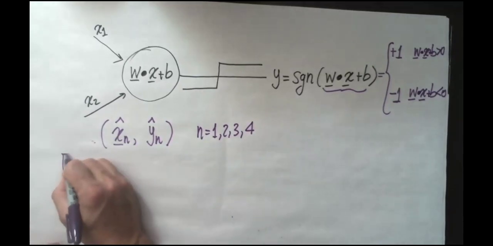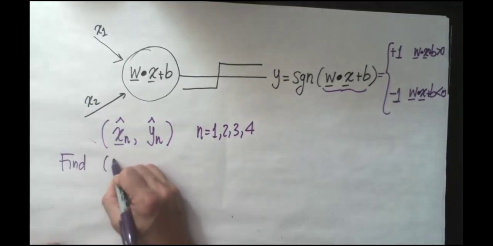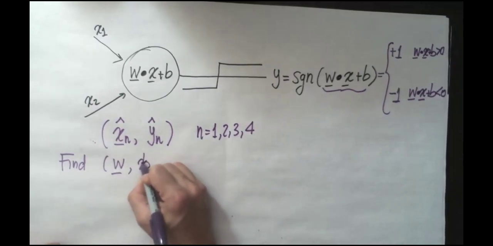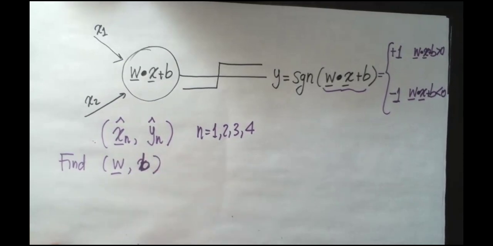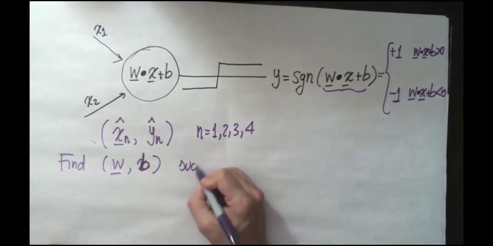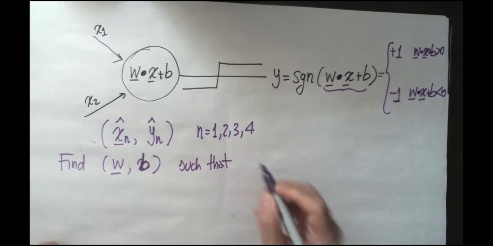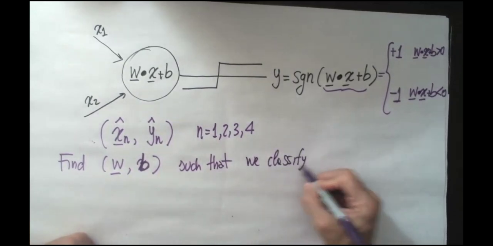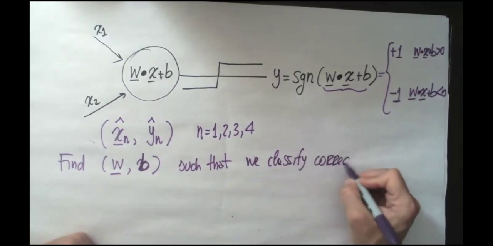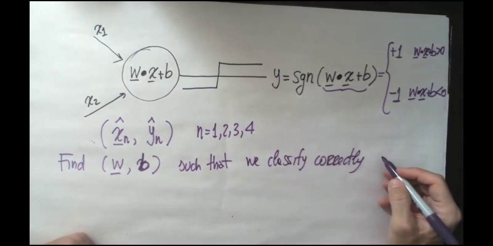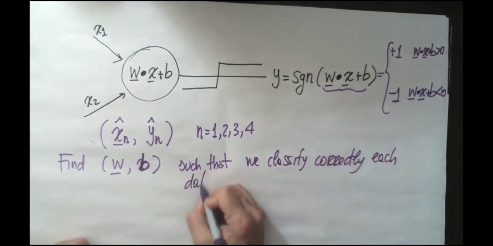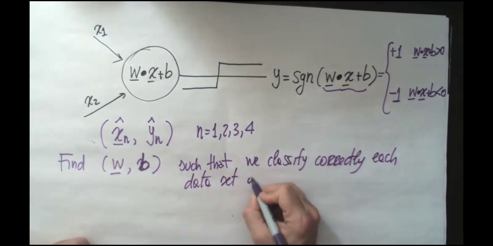So we want to find W and B, the weight and the bias, such that we classify correctly each data point.